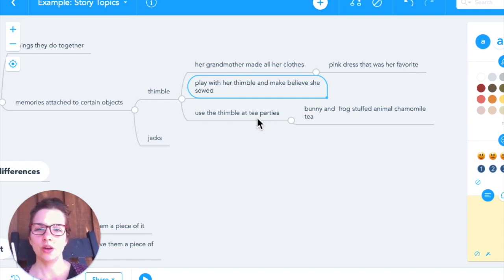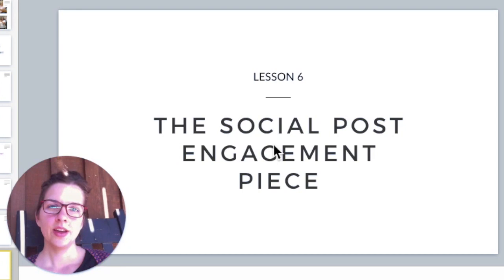So breaking these down serves two purposes. One, makes a connection with them, and two, gives you lots of stuff to talk about. The second half of your post is going to be more about moving them through the buying process as opposed to making the connection.